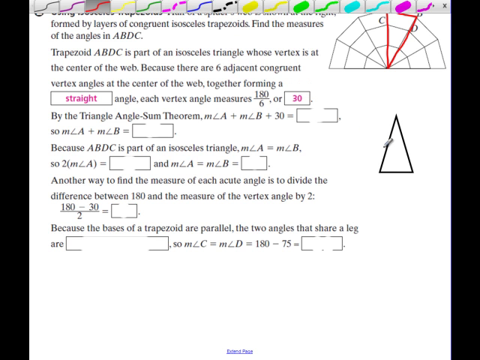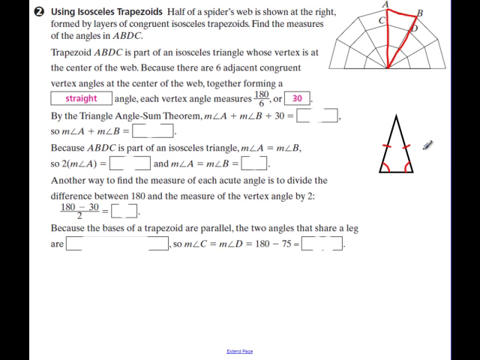We know that when a triangle is isosceles, meaning 2 of the sides are congruent, the angles that share the base are also congruent, right? That's one of those properties of isosceles triangles. So we know in this case that angle A will be congruent to angle B, right? Because this is one big isosceles triangle.